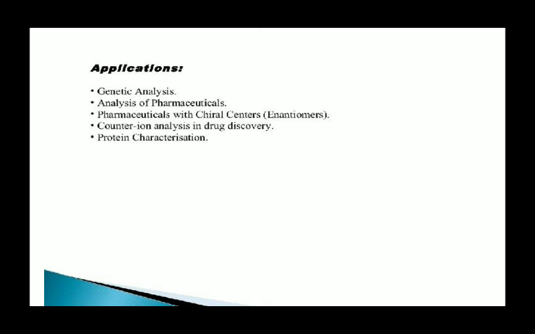Now this technique has some applications. It is used in genetic analysis. Then there is analysis of pharmaceuticals: for drug analysis you can use capillary electrophoresis, including pharmaceuticals with chiral centers, which are called enantiomers. Then chiral analysis in drug discovery and protein characterization.